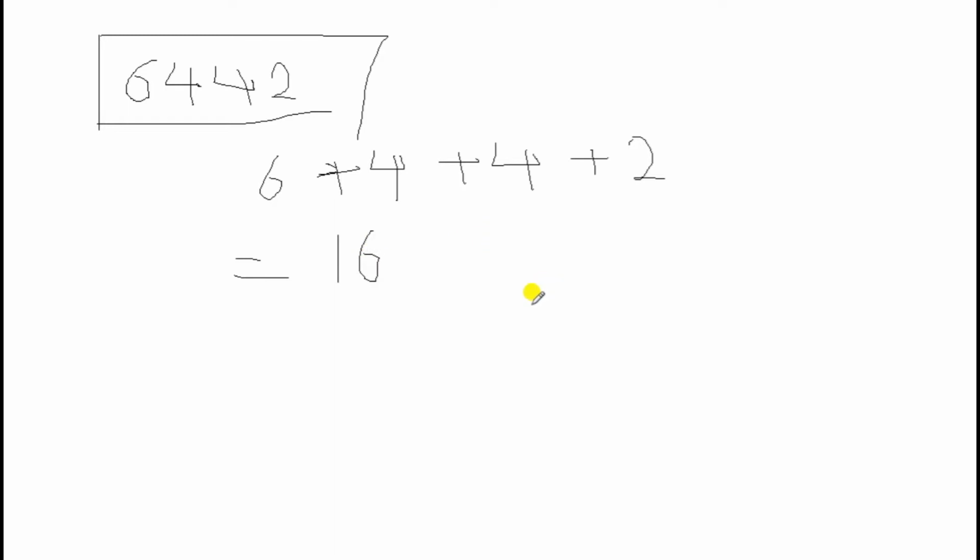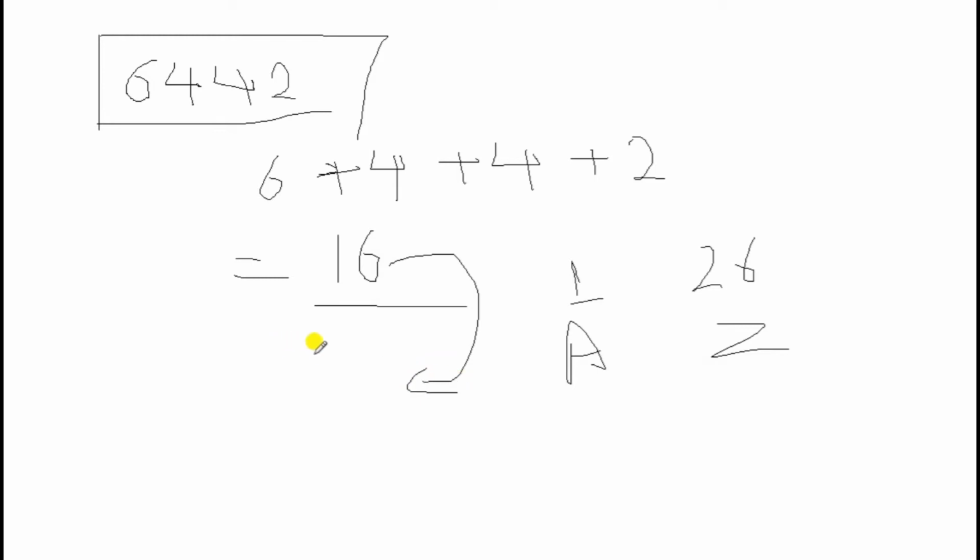So 16 is in the range of 1 to 26, which is basically the alphabetic range from A to Z. So if the sum of the digits of the number equals 16, then we have to provide a corresponding integer or alphabetic code to it. So 16 will be written as capital P.